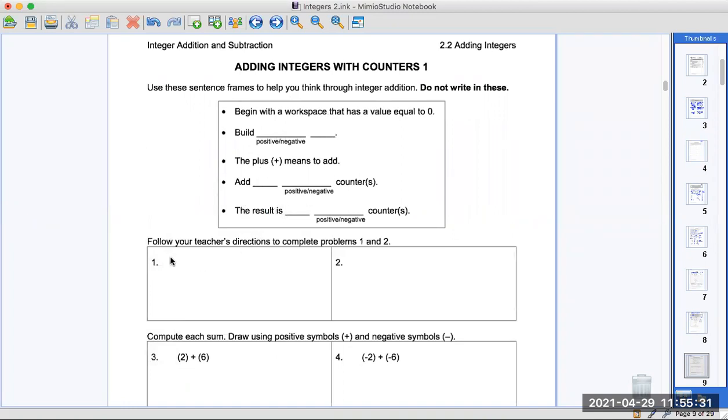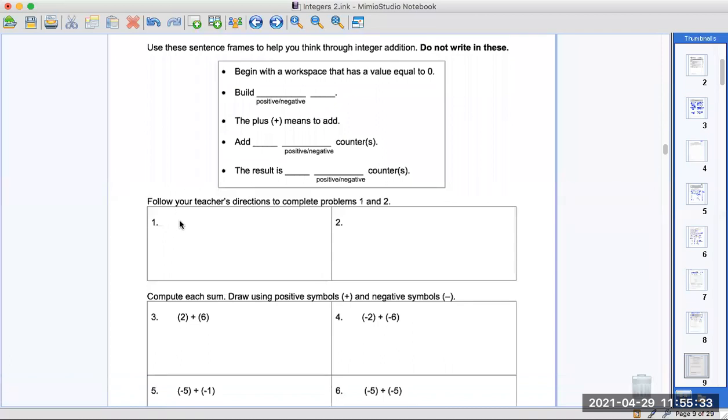Here we are, we're going to do number 1. I want you to put in the problem 4, take away 7, and we're going to use counters. So if you don't have a sign in front of a number, when I talk about sign, it's not a sign like a street sign, it's a positive or negative that's in front of the number.